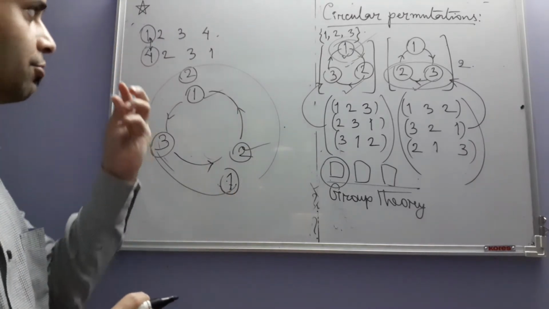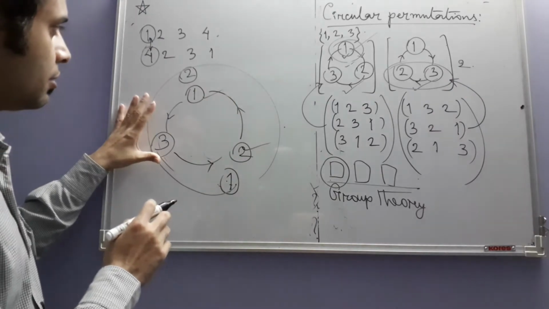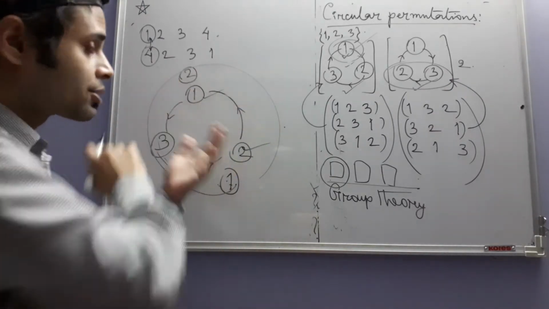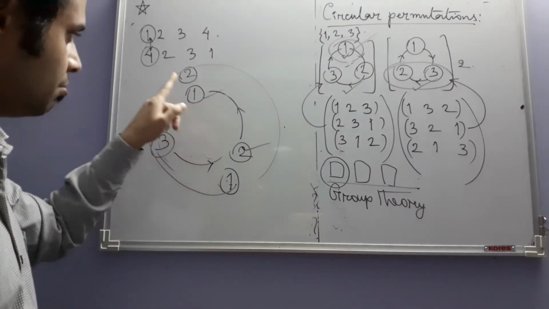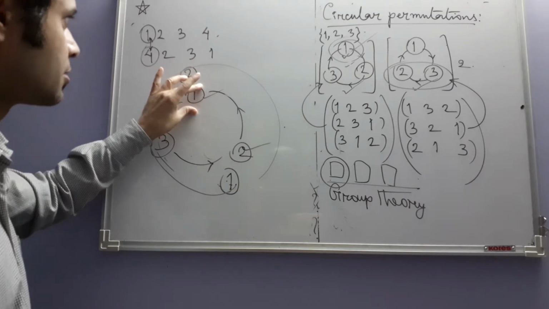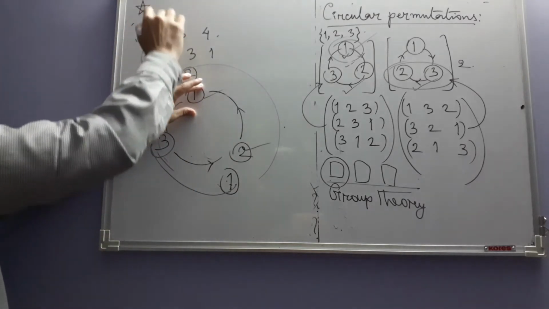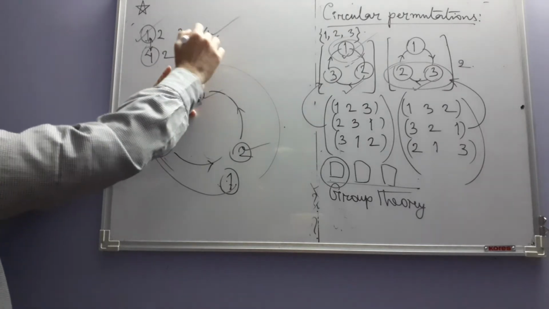So if I don't fix a reference point, then I cannot start counting. For me to be able to start counting, I have to first of all fix a reference point. In linear permutation, that point is either this side or it starts from this side. That is already fixed.